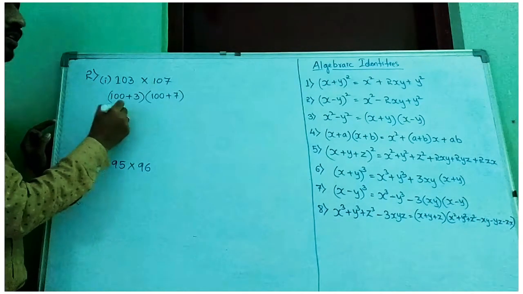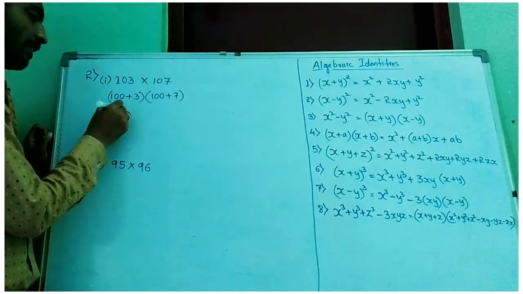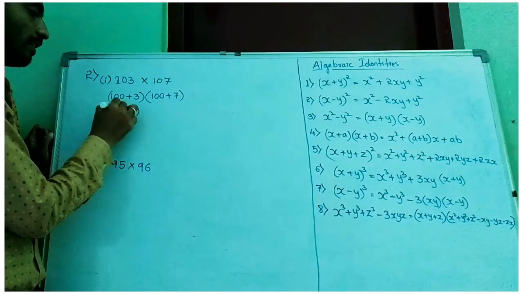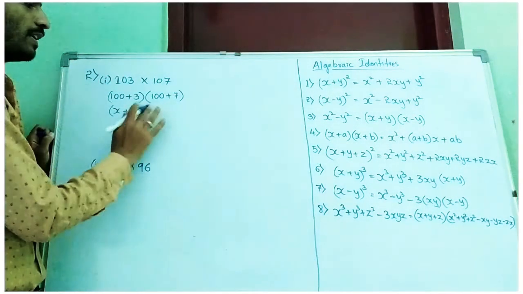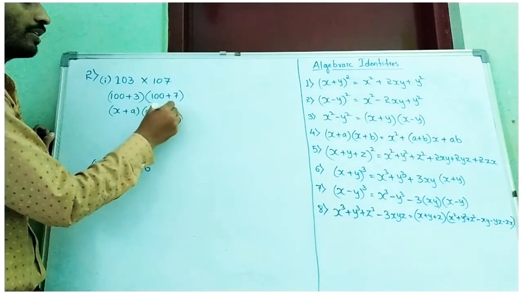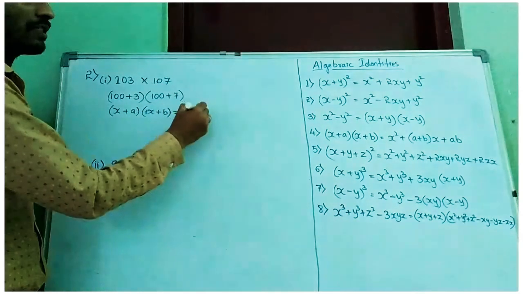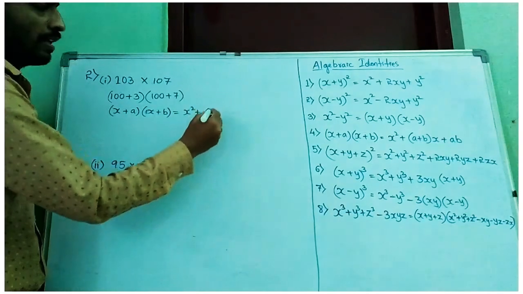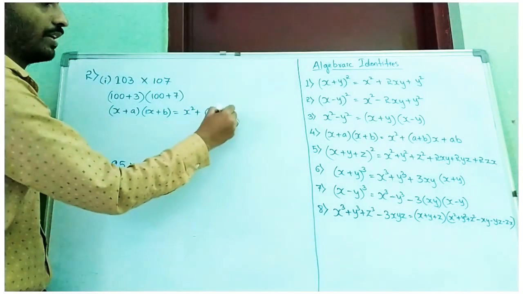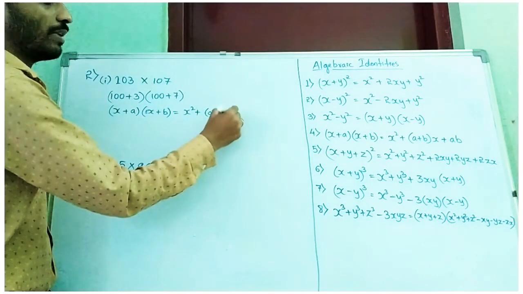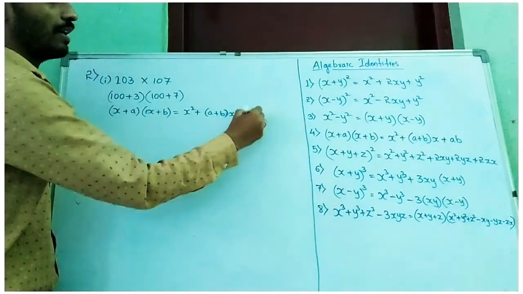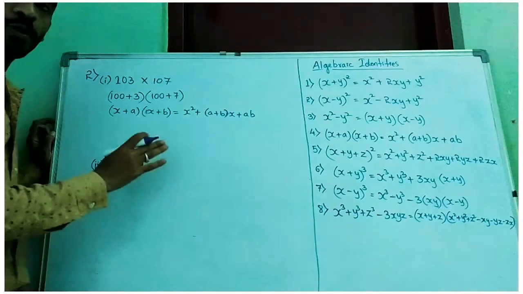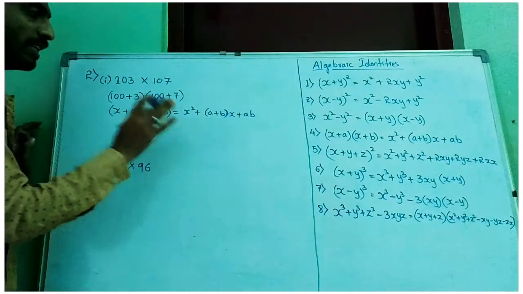So our fourth identity, (x + a)(x + b) gives us what? x² + (a + b)x + ab. For every problem you write the identity, then only it will be easy.